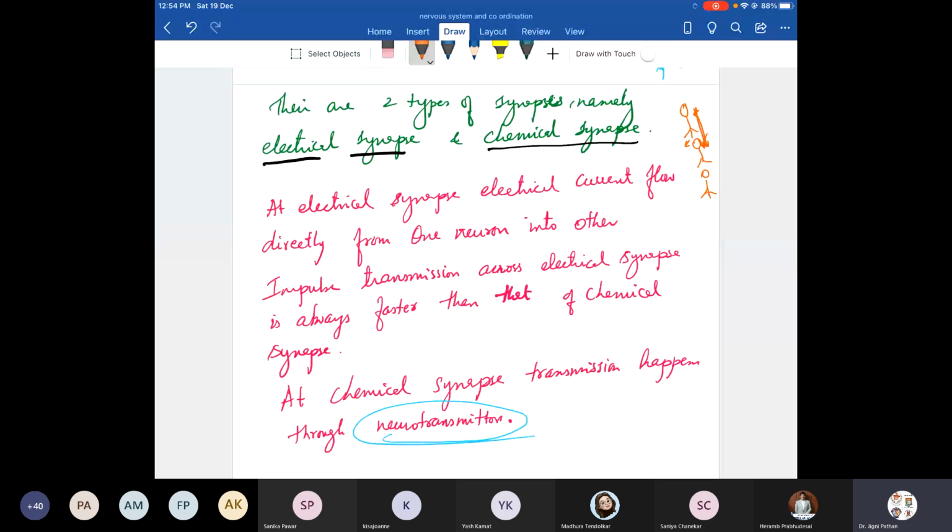But what happens in chemical synapses? If this is one neuron and this is another neuron, this is the synaptic cleft. In between, there is something called neurotransmitters. So the information from here is transferred to the neurotransmitter, and from the neurotransmitter it goes to the next neuron. Which is faster, electrical or chemical?